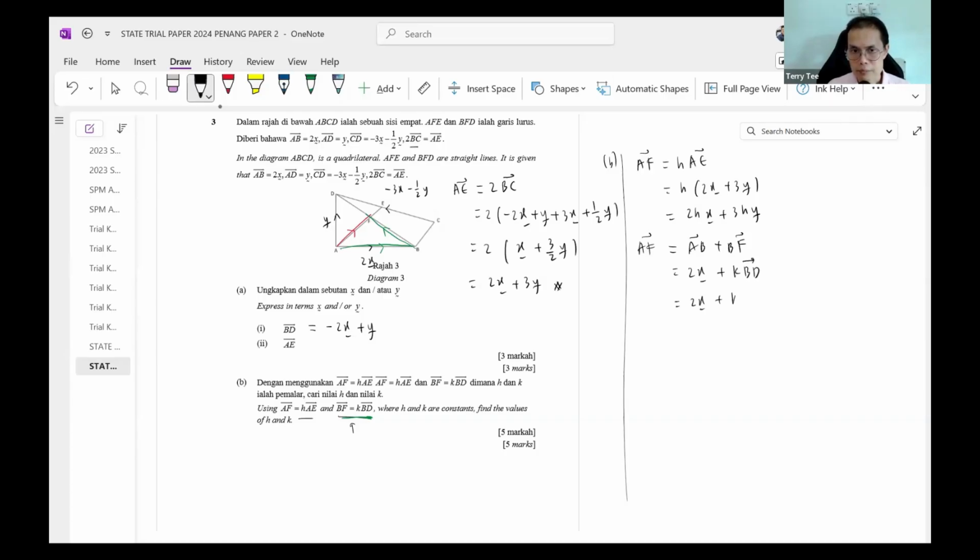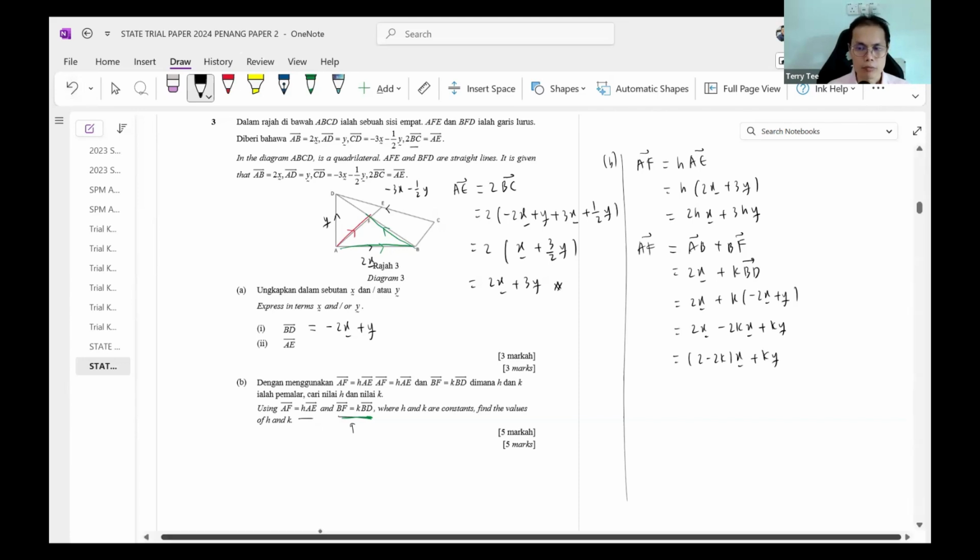My BD, as we know, is minus 2x plus y, which we got earlier. Simplify this: minus 2kx plus ky. Put them together, (2 minus 2k)x plus ky. So I've got two versions of AF already.